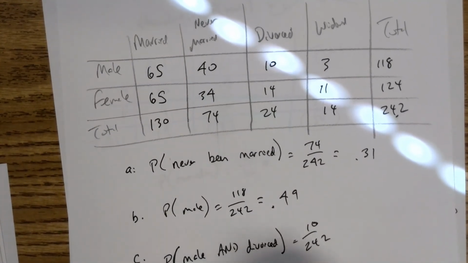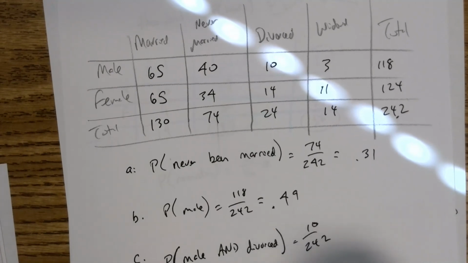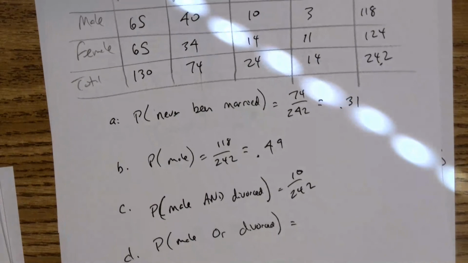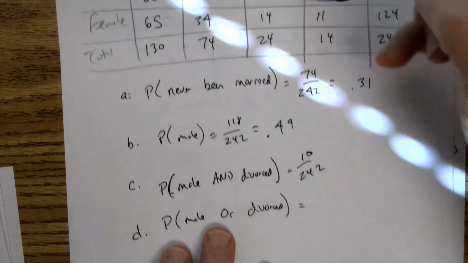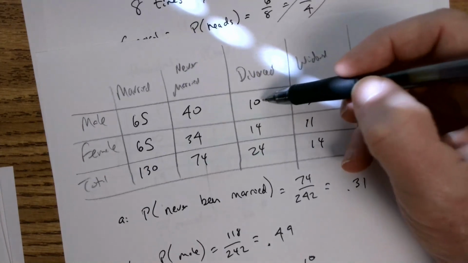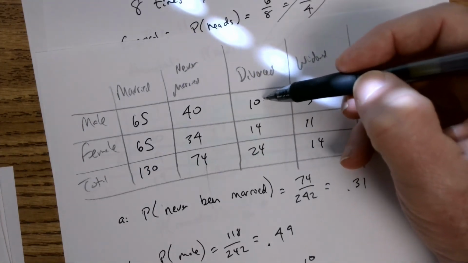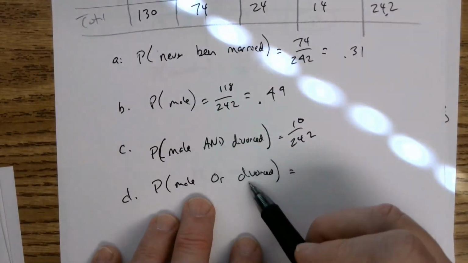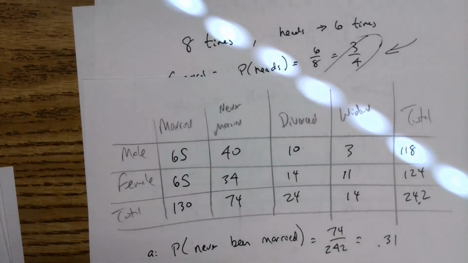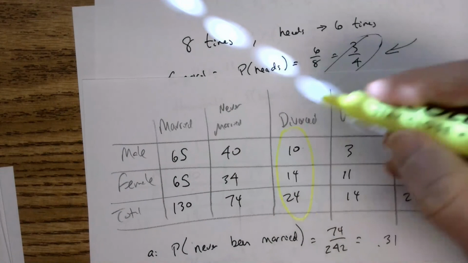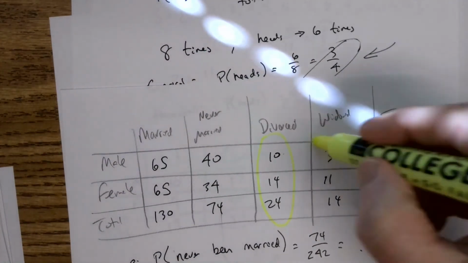Male or divorced. Okay, so the question is now changed from male and divorced, which is just those 10 people right here, the only ones that are both male and divorced, to male or divorced. Well, that would be all the divorced people, right? And all the male people.